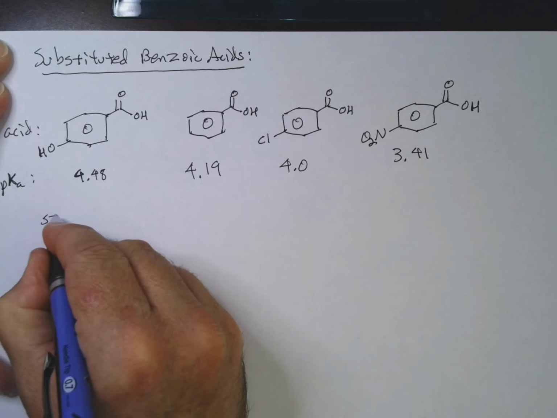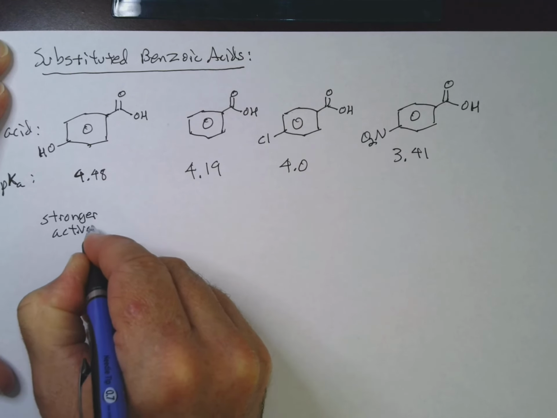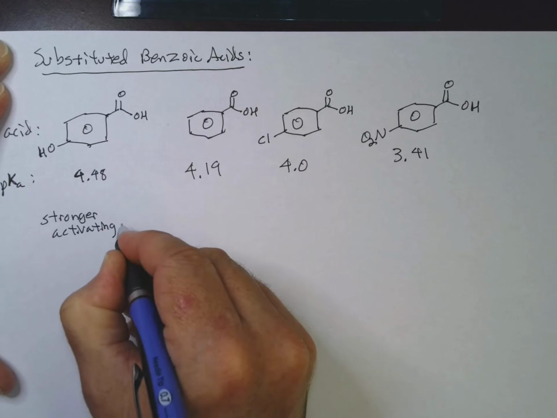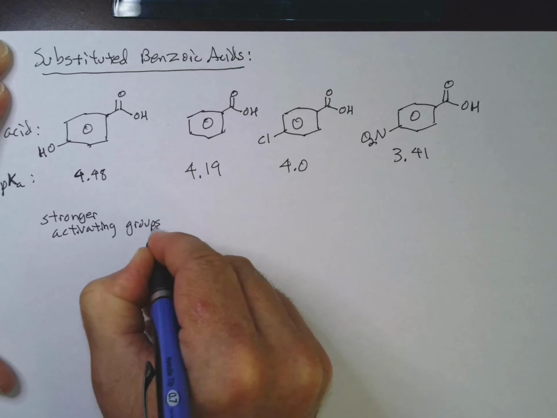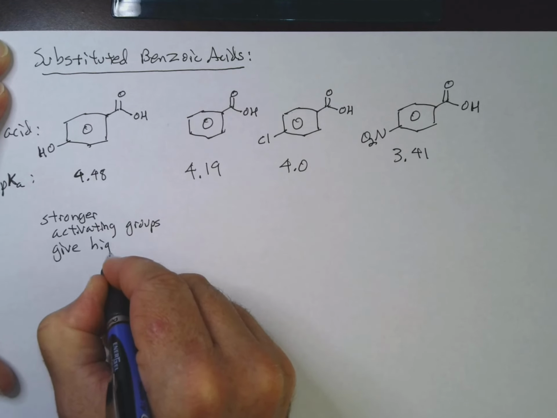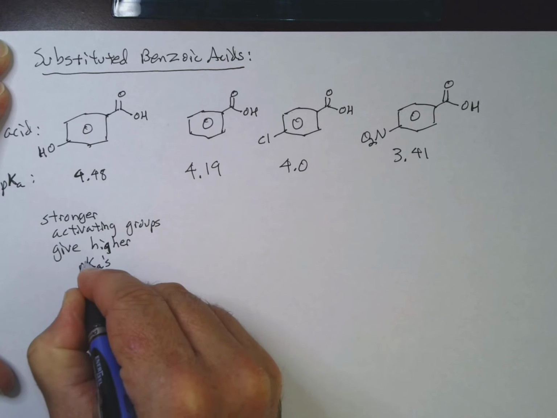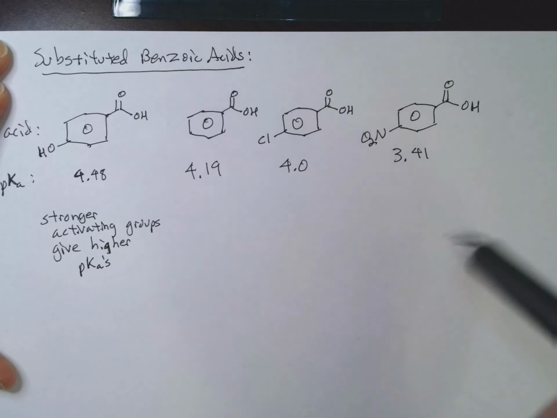So over here we have a stronger activating group, and these will give higher pKa's. That is, they make things less acidic.